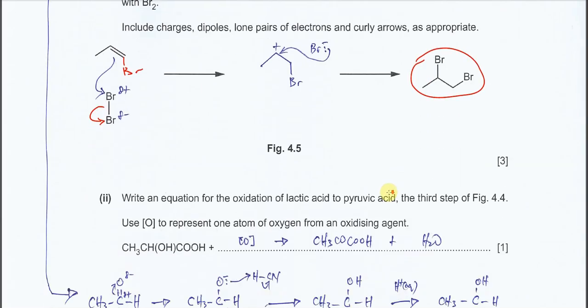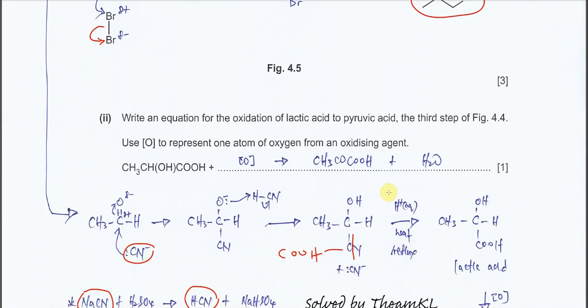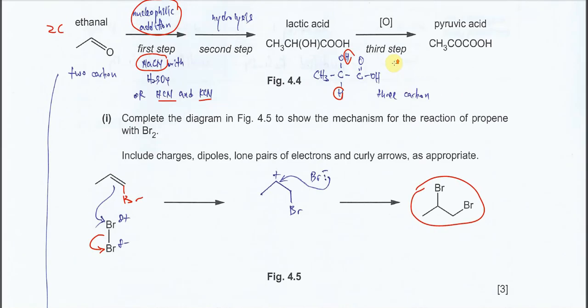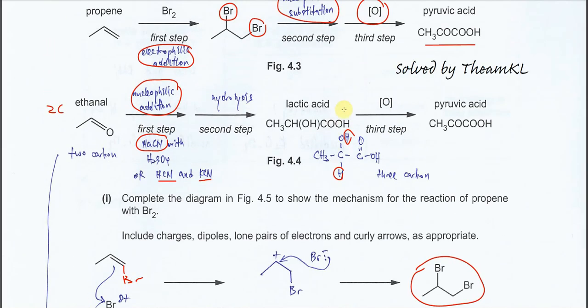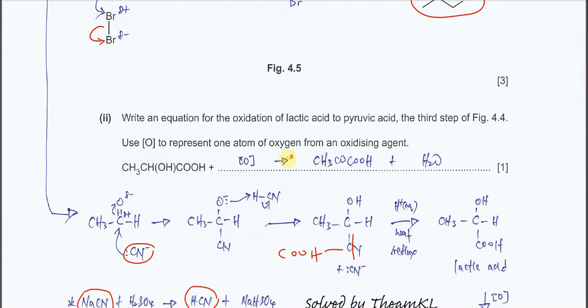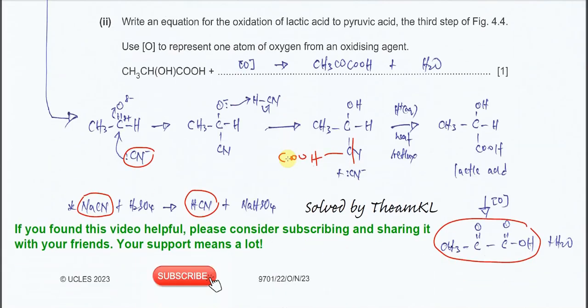Now part 2. Write an equation for the oxidation of lactic acid to pyruvic acid. The third step in figure 4.4. From this lactic acid to this pyruvic acid. Very easy. This one is the lactic acid.